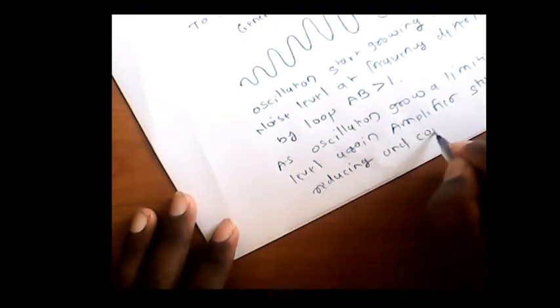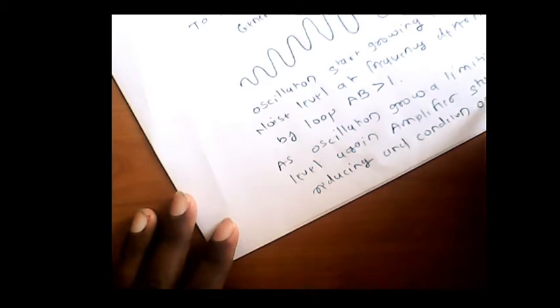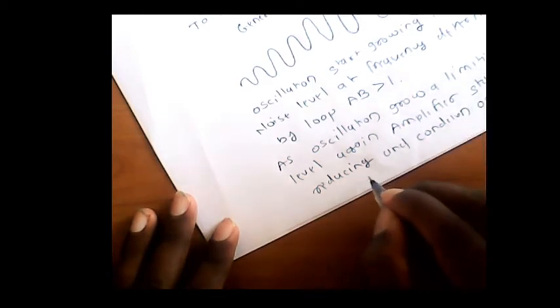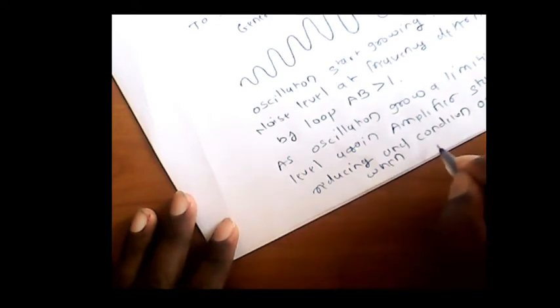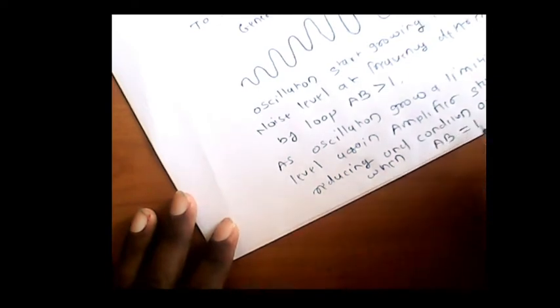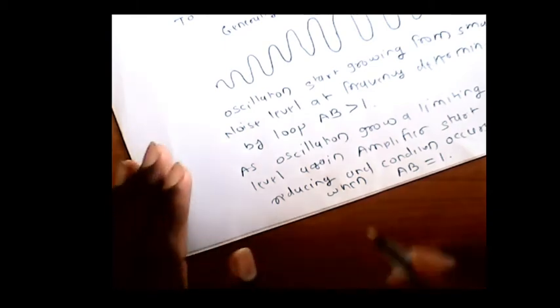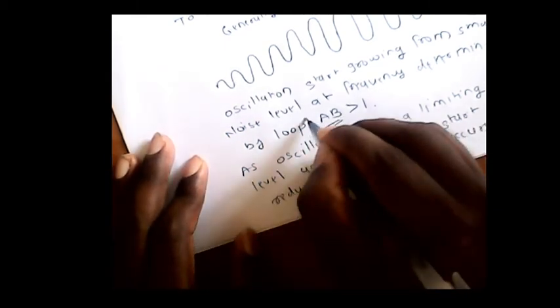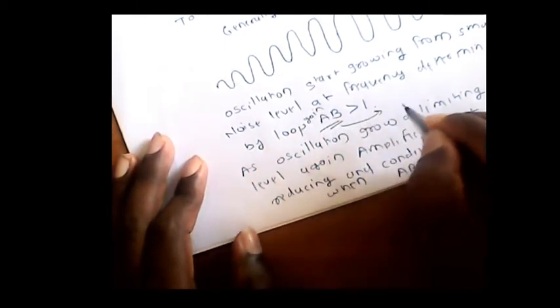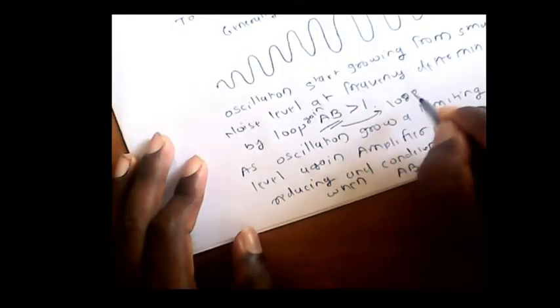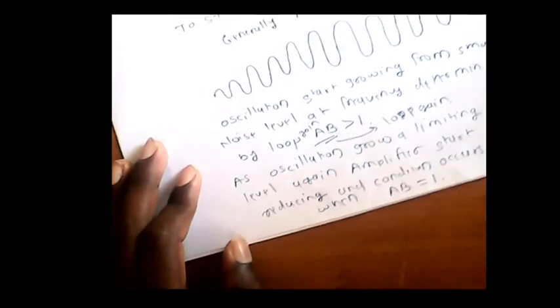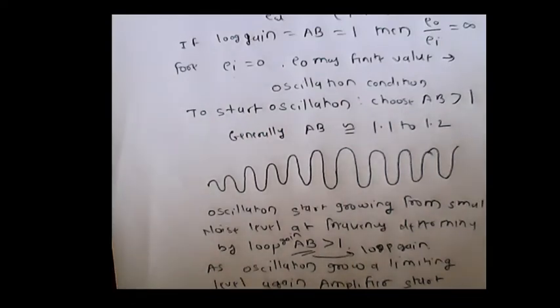The condition occurs when the loop gain A beta is equal to 1. So to start the oscillation, A beta must be greater than 1. This is called the loop gain, which is greater than 1, and this starts the oscillation.